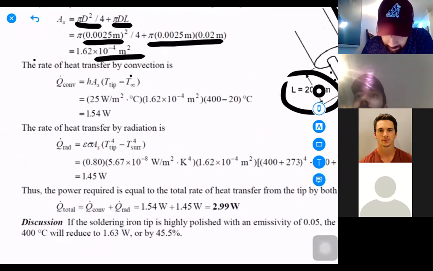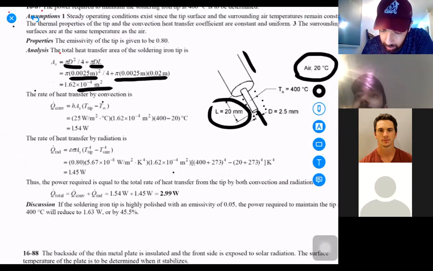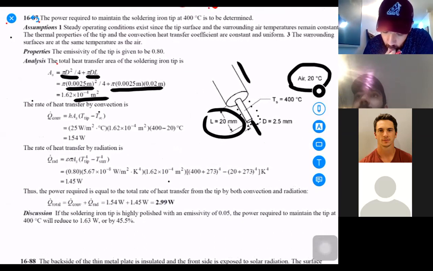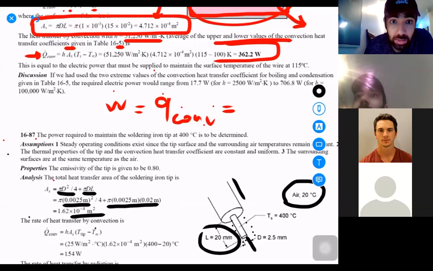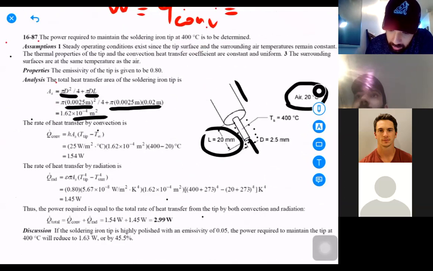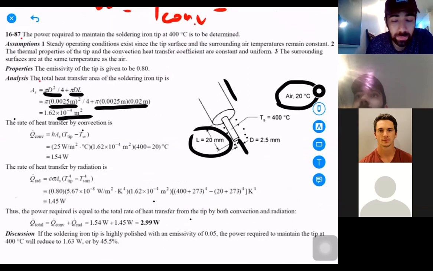For convection, what you do is first check the convection constant for air at 20 degrees Celsius. I think that should be available in the table named 16.5. If you have time, we will go and check that at the end.